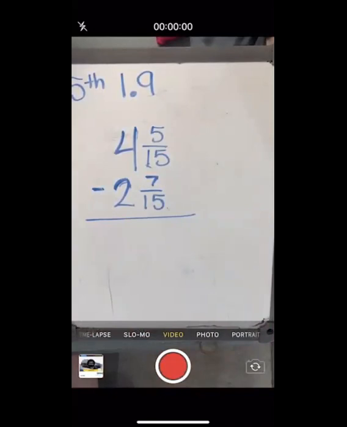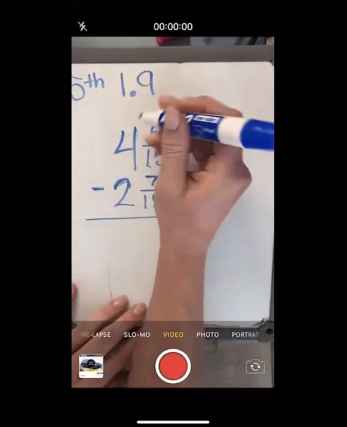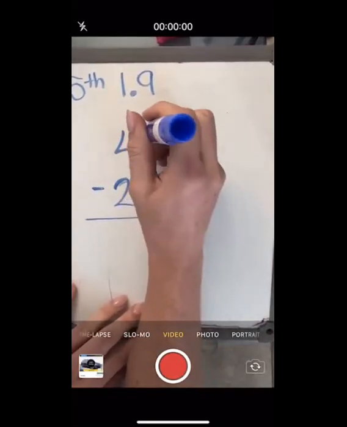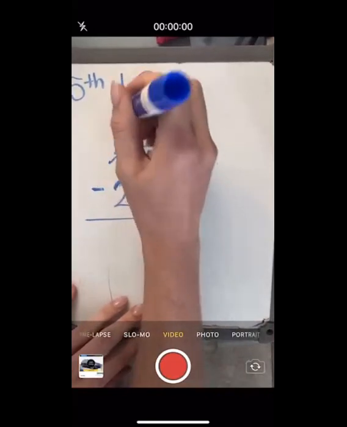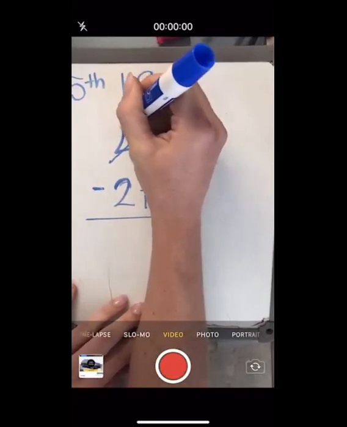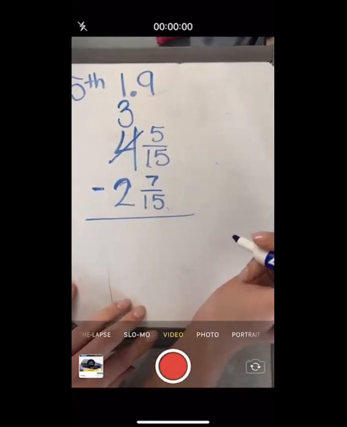If I'm like, hey, Gio, you owe me $7 and you only have $5, what are you gonna do? I'm gonna try and get more money. Yeah, you're gonna go borrow some money, right? So we're working in 15ths. If I take away a whole here, it's just like you're borrowing in addition or subtraction. My 4 becomes a 3. I'm going to take a whole out.